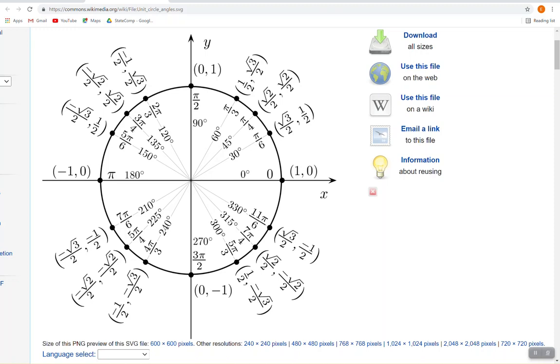Which one would it be? What do you notice about the unit circle? Yeah, what is the highest?